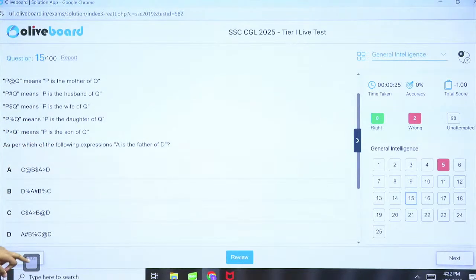Blood relation. A is the father of D. So first of all, check for the options which are females.